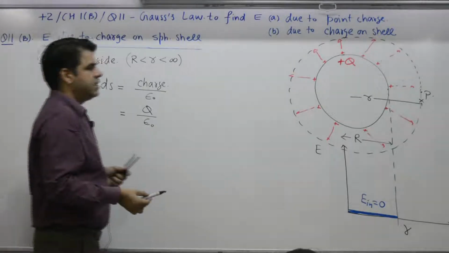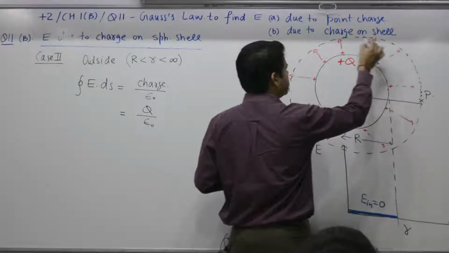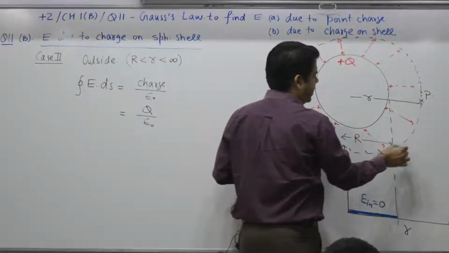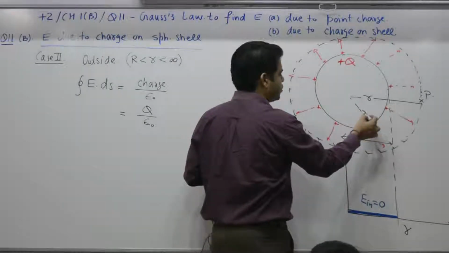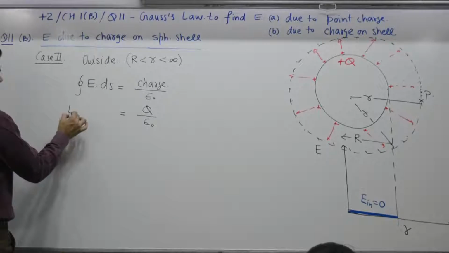The magnitude of E at all points remains the same. Why? All these points are at equal distance r, so you can take E out.